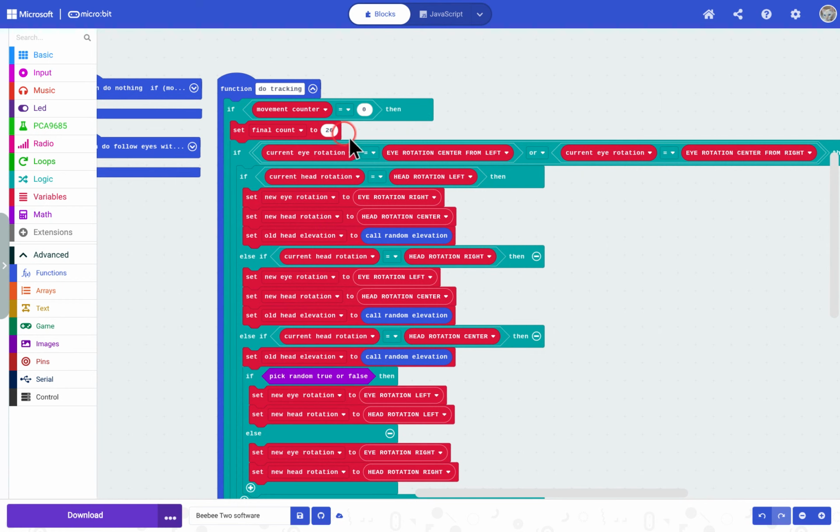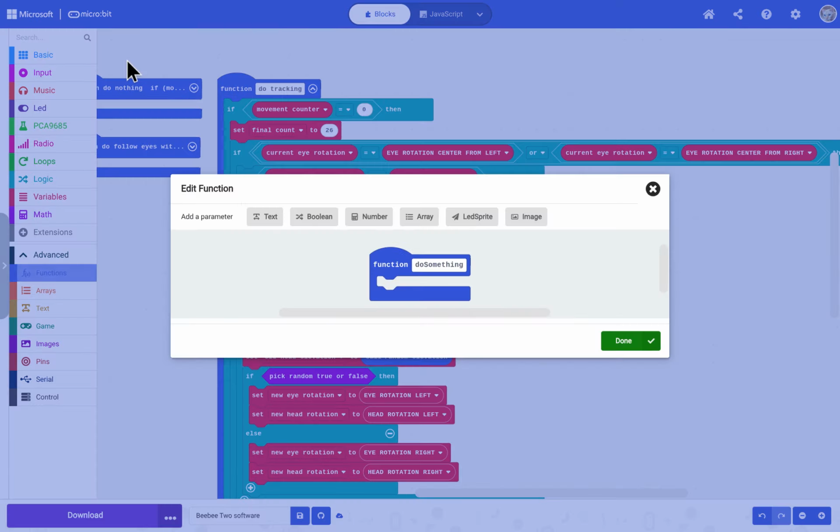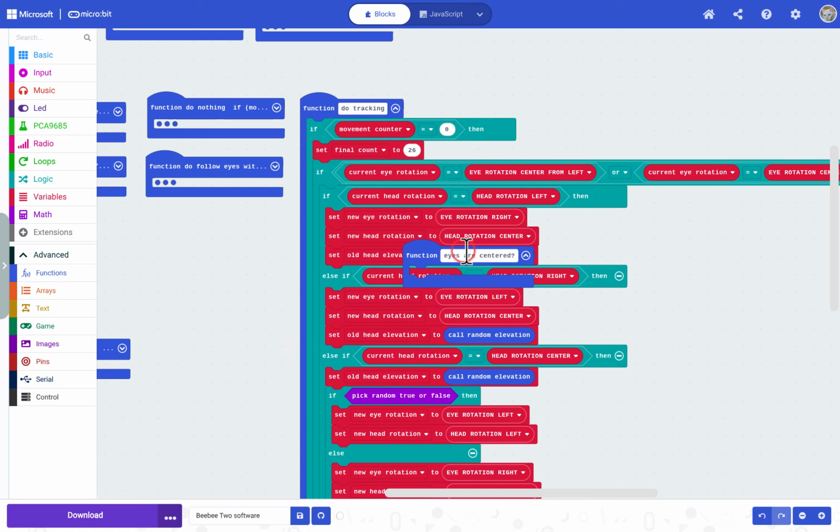First thing I want to do is take this and make it a function that tells me what it does. Because right now I could look at that for quite some time and not really understand what it does. So I'm going to call this eyes are centered, question mark, because it is going to return true or false.